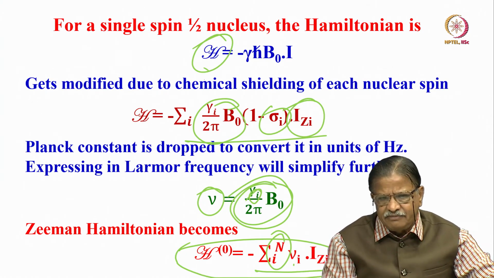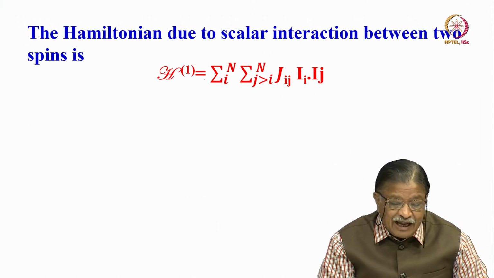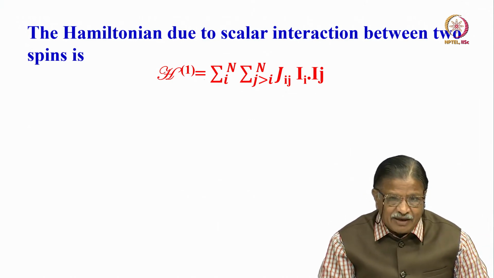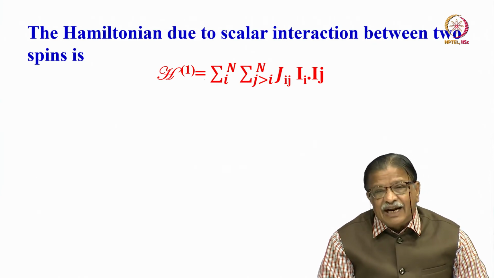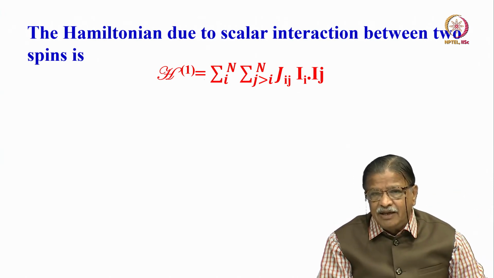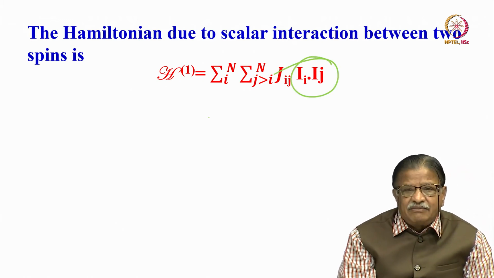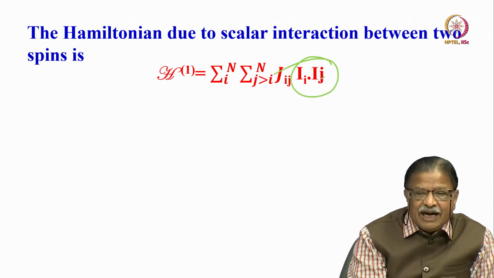Okay. Now, if there is a scalar coupling, I bring in another nucleus, and if it is also interacting, in addition to that, what is happening? We write the Zeeman Hamiltonian, plus we also bring in the interaction between nuclear spins I and J. I and J are interacting.